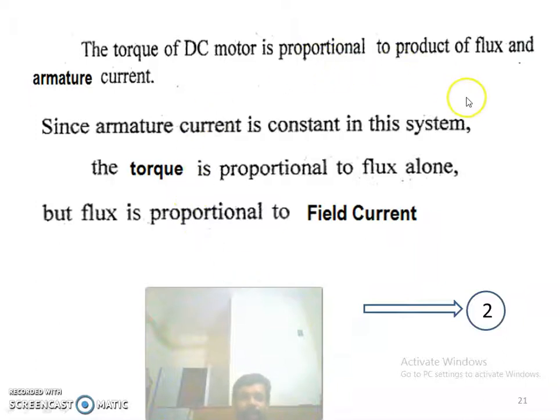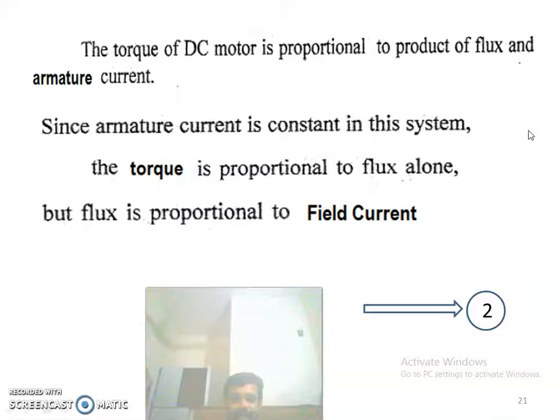The torque of a DC motor is proportional to the product of flux and armature current.